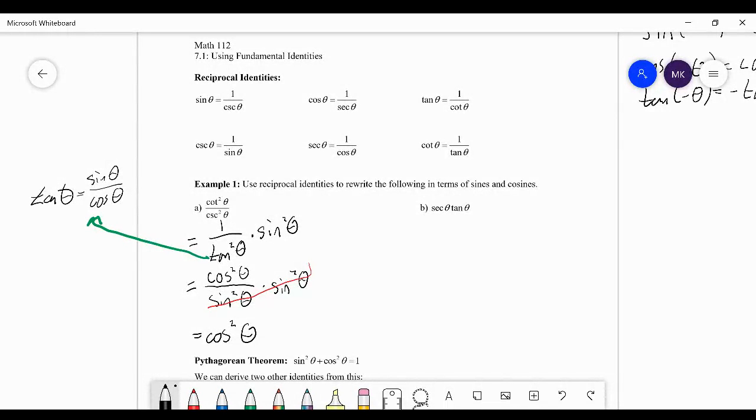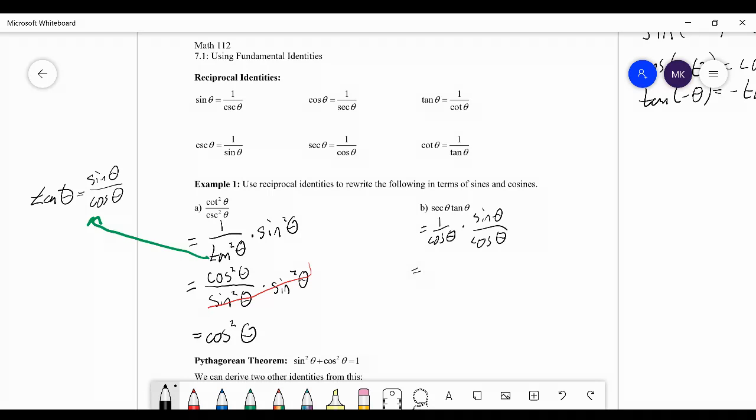Now let's look over here at secant theta times tangent theta. Really similar situation. I want to start by using this tangent theta equals sine theta over cosine theta. And I want to use the reciprocal identity for secant theta. And so what I end up with is, secant theta is 1 over cosine theta times tangent theta is sine theta over cosine theta.